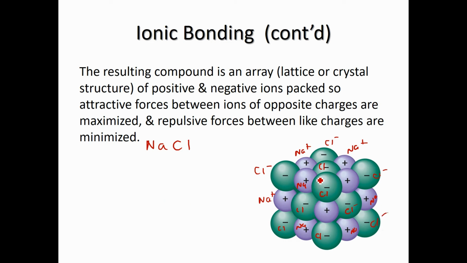So you make a pattern that makes a crystal. That's why you see table salt to be crystals. It's a very strong force of attraction because you have opposite charges, plus and negative. Remember, opposite charges attract. And that's why they are crystalline and very solid.